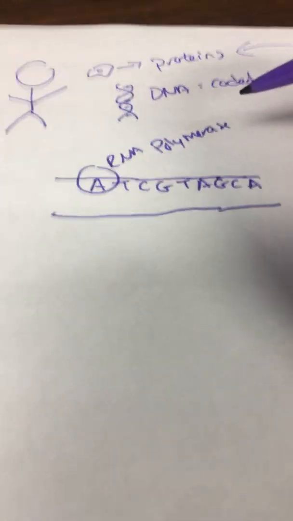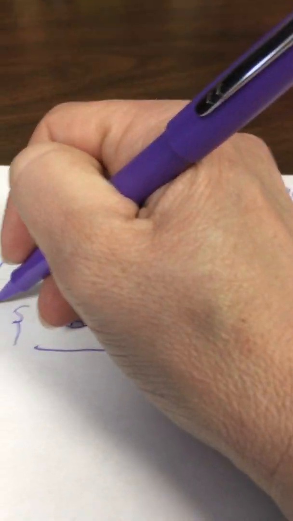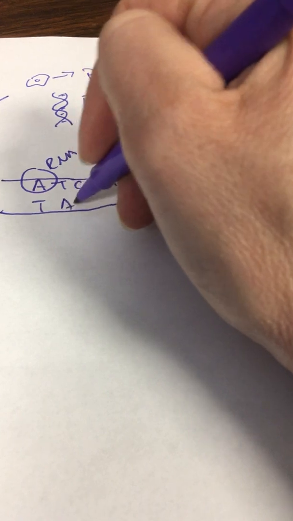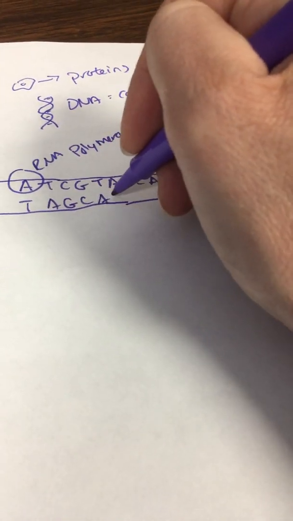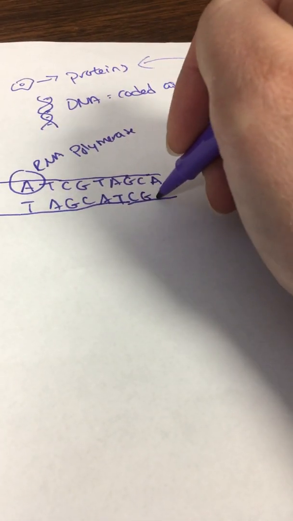And it's going to read them along. So imagine this is my DNA strand. I have my bases all paired up according to DNA base pairing, and my RNA polymerase is just going to run along and read it.